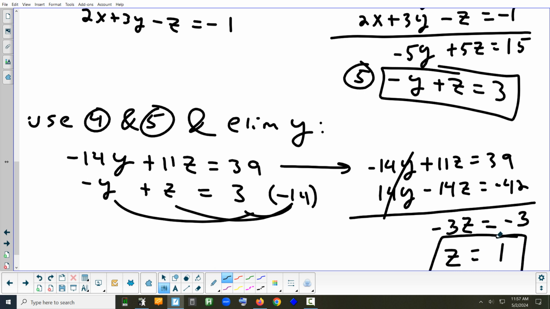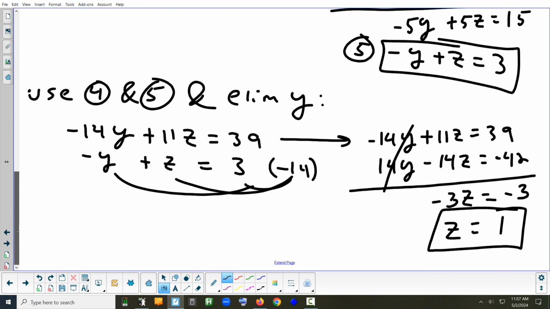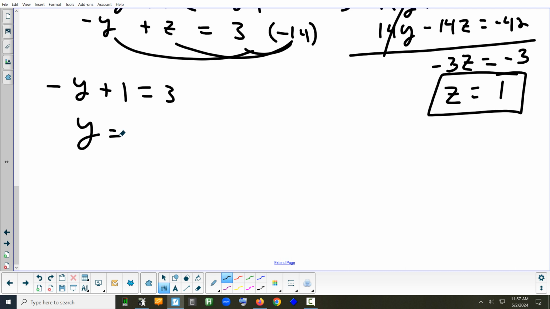Now we're going to plug that back into one of the other equations. I would probably just plug it back into negative y plus z equals 3. Okay, what are you going to get for y?